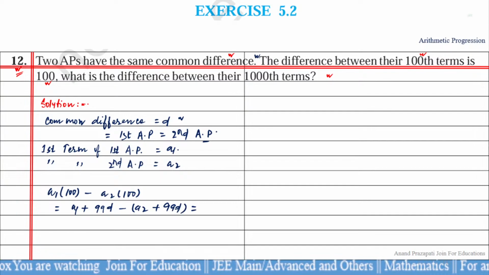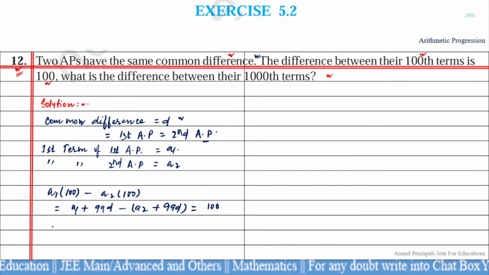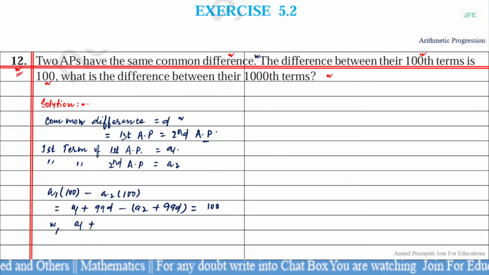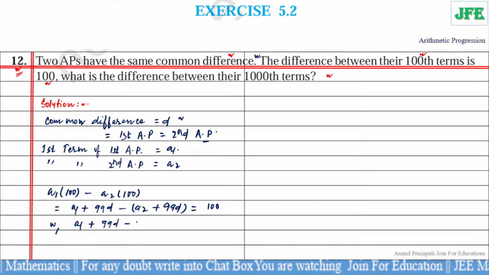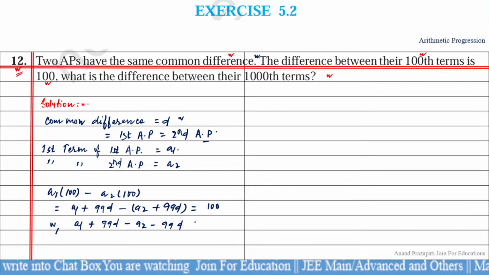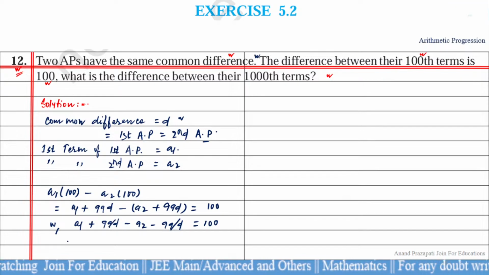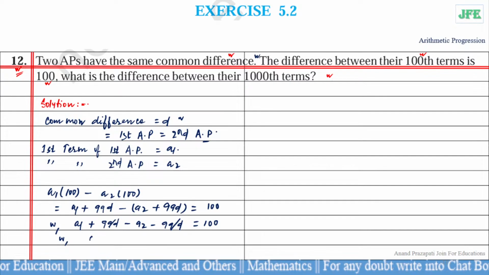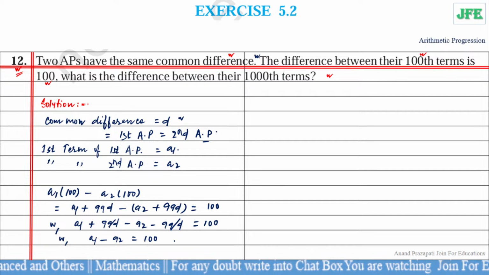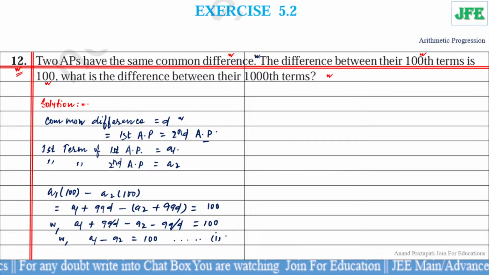The difference of these two is 100, so we write down here 100. So the next step will be a1 plus 99d minus a2 minus 99d equals 100. So we cancel out this one, then we get a1 minus a2 equals 100. Suppose this is equation number 1. Is there any problem understanding up to this step?